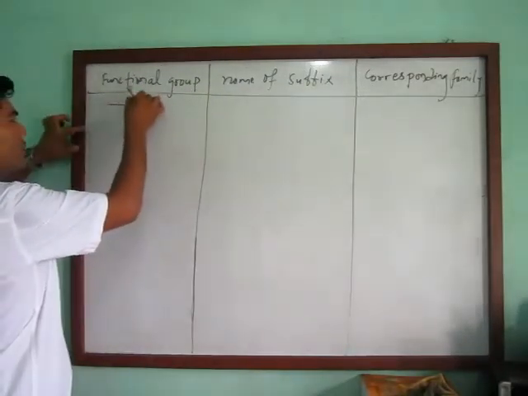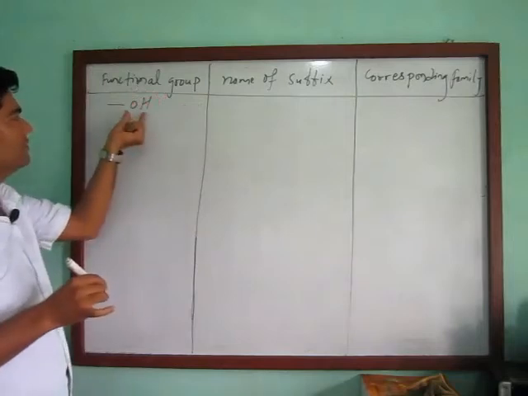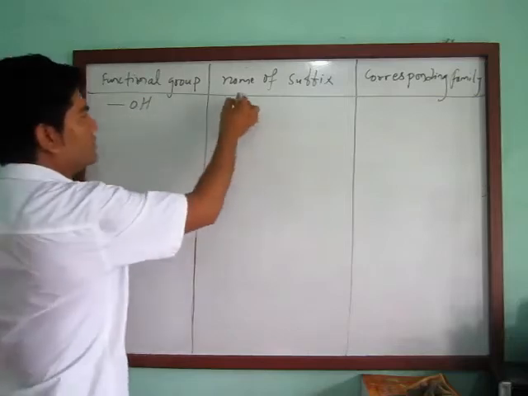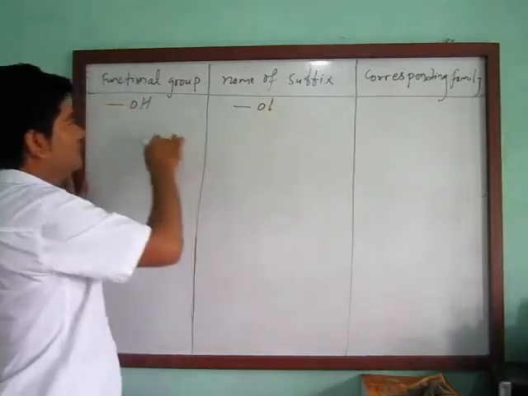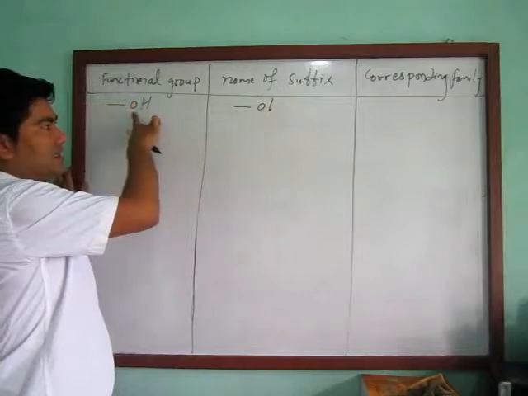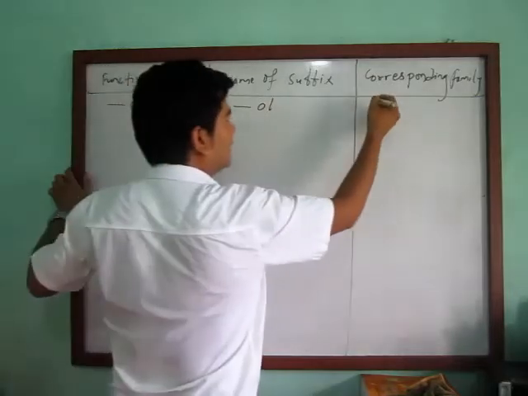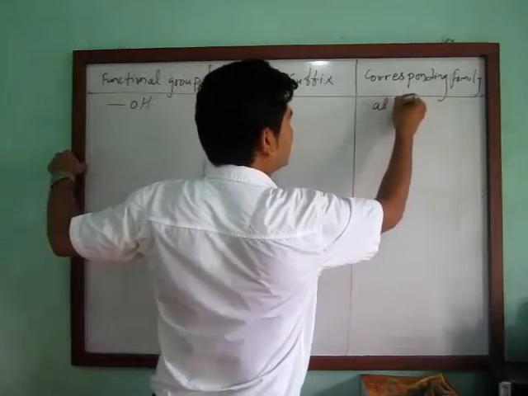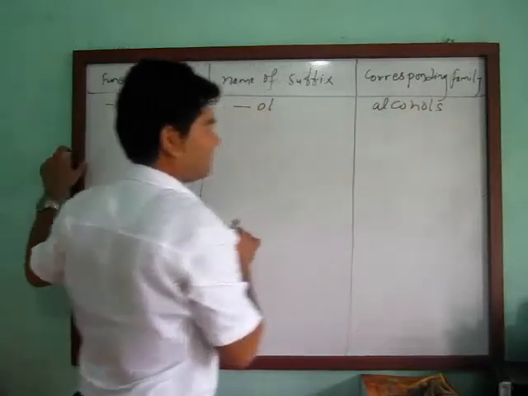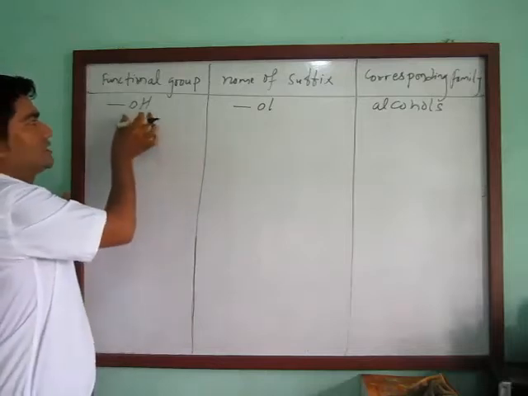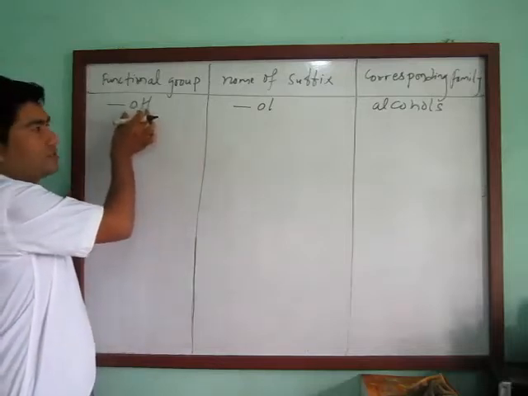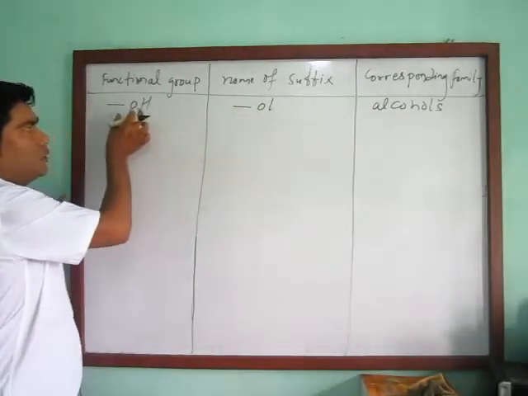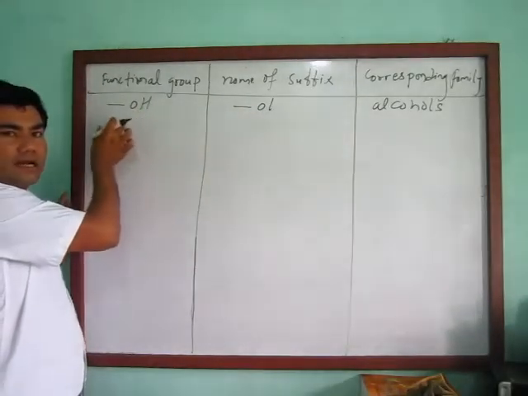So if there is OH, the name of this is hydroxy, but we should use OL for the OH as a suffix, and this comes under the alcohol family. All the alcohols contain at least one OH group, and OL should be used for the OH containing organic compounds.